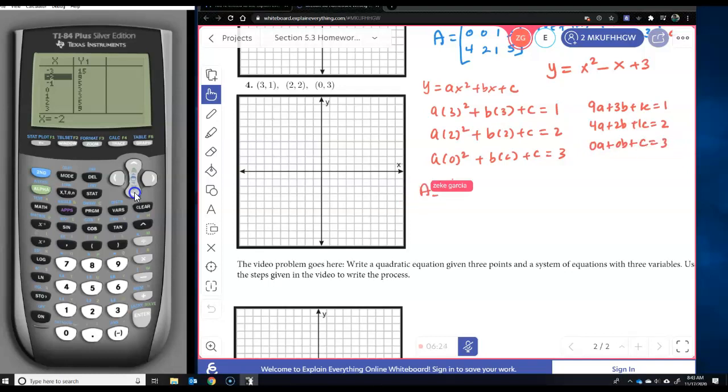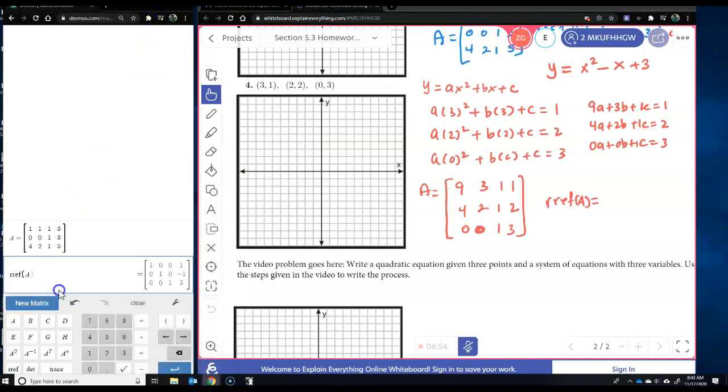Our matrix is 9, 3, 1, 1, 4, 2, 1, 2, and then 0, 0, 1, 3. You're going to do RREF of A, and we'll come up with our solution.